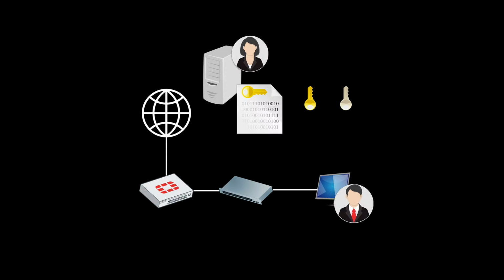They may look similar, but they are actually different, mathematically related, but different. The first key is the private key. The private key is actually the secret key that Eve needs to keep in a secret place. The second key is the public key, and as the name suggests, it is public.